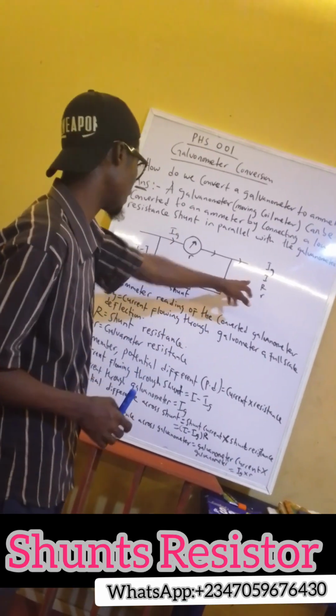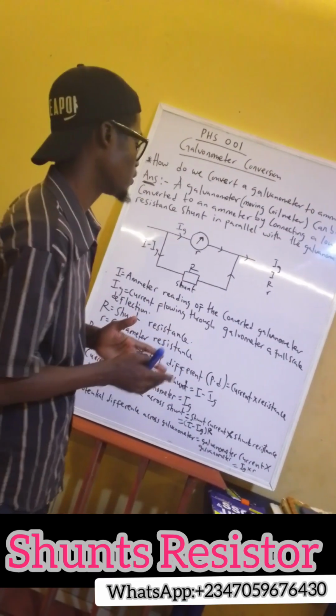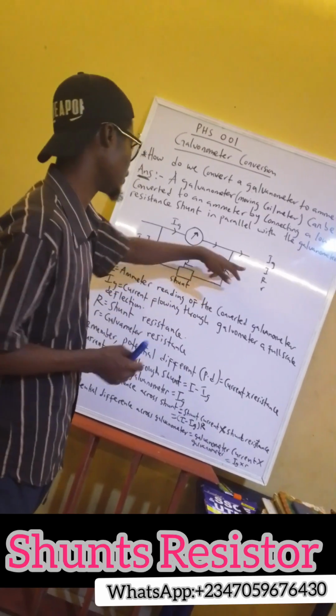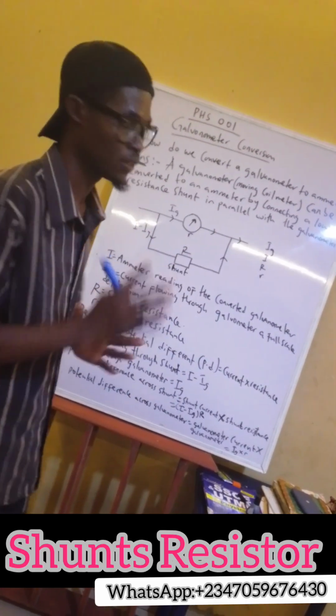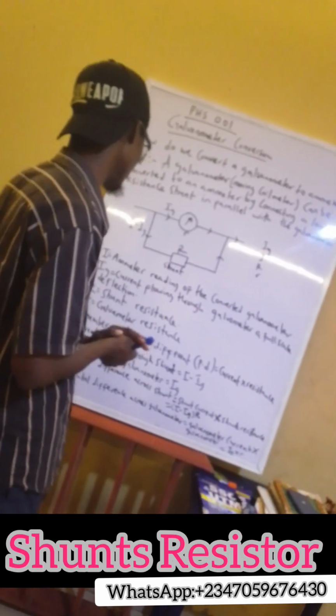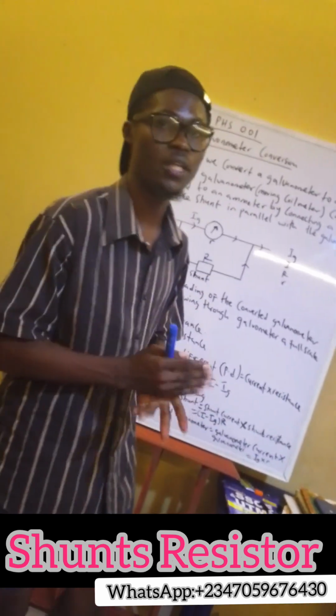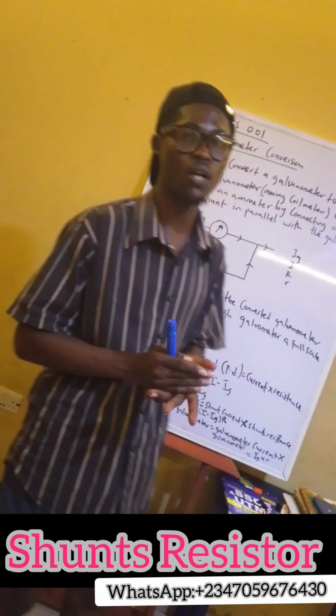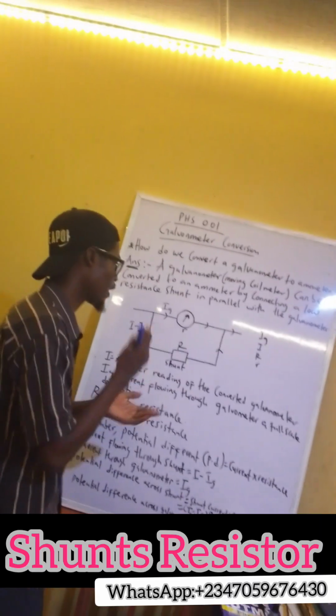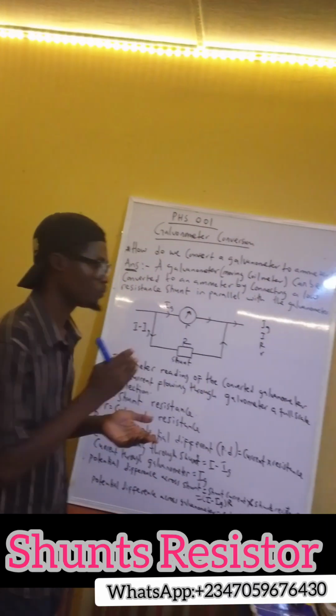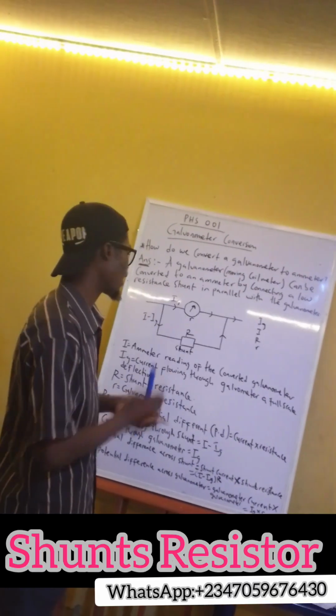And this ordinary I is the ammeter reading of the converted galvanometer. This big R is called shunt resistance, and this small r is called galvanometer resistance. Altogether, we have two types of R: the big R is the shunt, and the small r is the galvanometer resistance. The IG is the current flowing through the galvanometer, and the I is this.